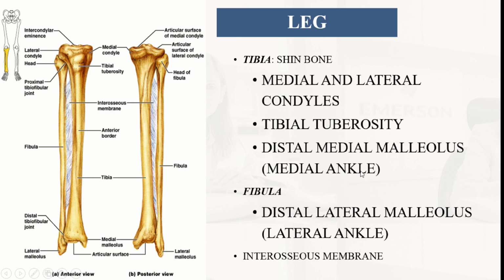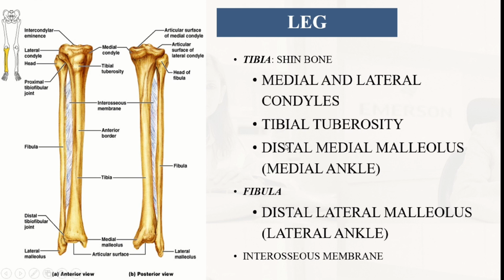So we have the distal medial malleolus. Then the fibula has the distal lateral malleolus, so that's where the lateral ankle is.